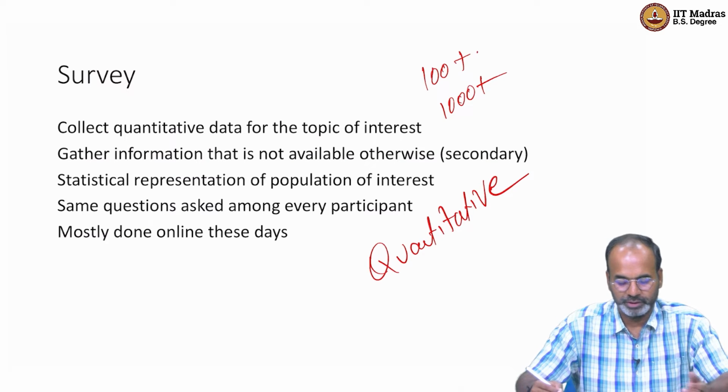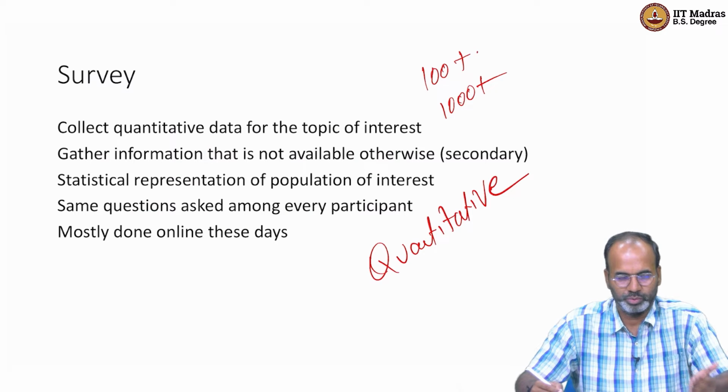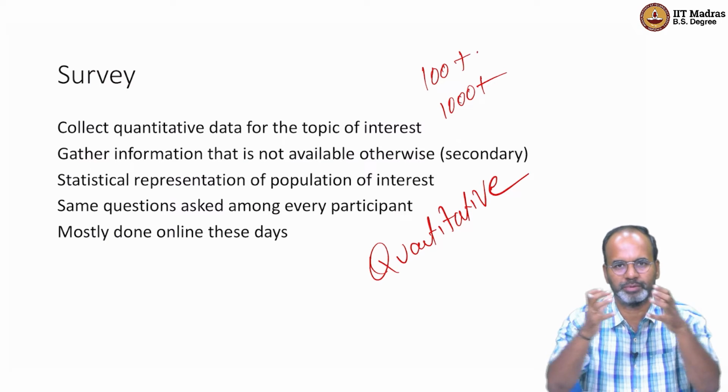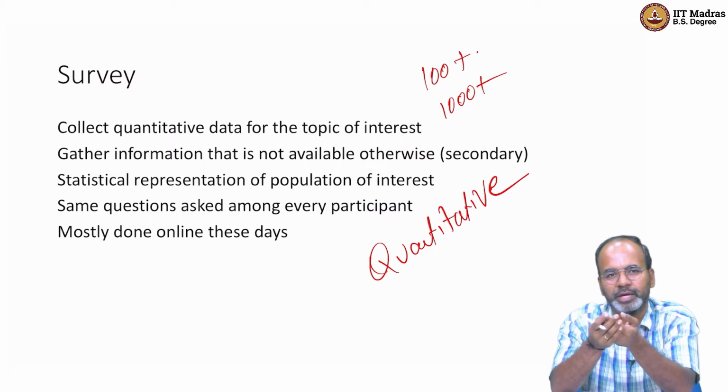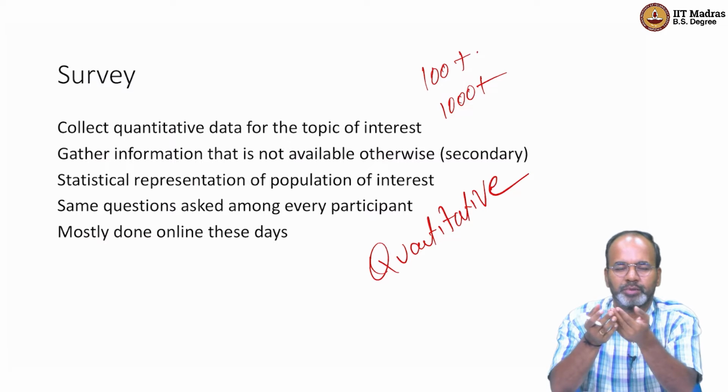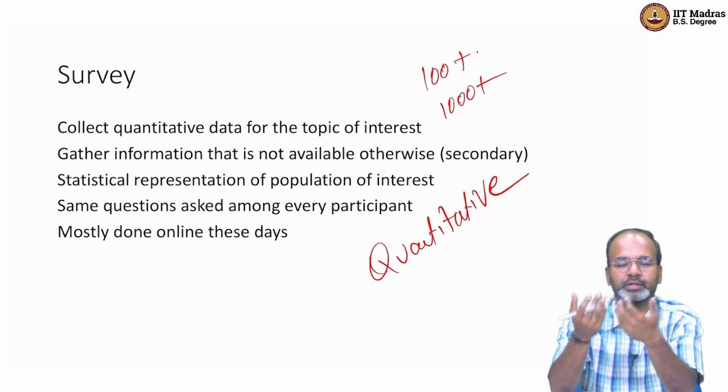And gather information that is not available otherwise, which is you can ask secondary level of information. Many times there are two ways to think about it: primary data that is collected, secondary data that is collected. Secondary data could be, oh, you're seeing this behavior. What do you think about if you were to behave in this scenario?